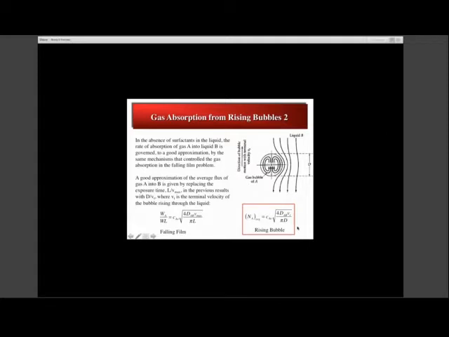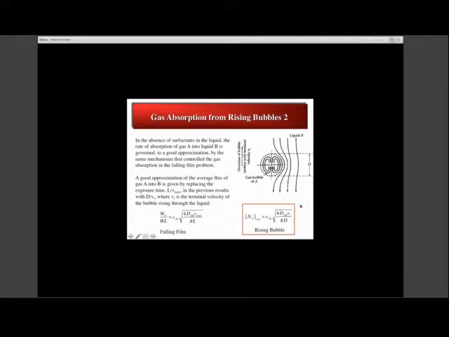And so, very often in mass transfer, if you know how to solve one problem that is simpler, like that falling film problem, there's an analogous problem either in the transient problem or, in this case, in the gas bubble. Gas absorption into a rising bubble is very similar in solution.